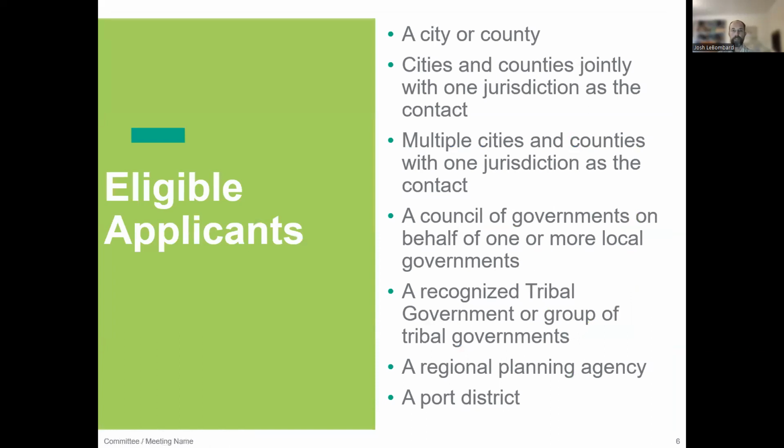The applicants that are eligible for the grant: a typical jurisdiction is a city or a county. Cities or counties can apply jointly as well, with one jurisdiction acting as the lead and the contact. We can also open it up to multiple cities and counties with one jurisdiction as the contact.